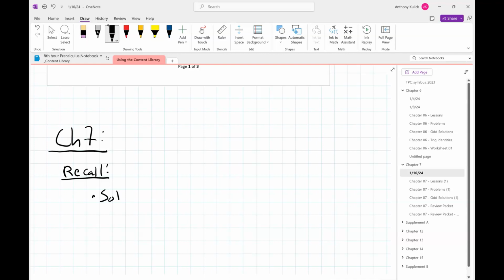We talked about solving triangles, right? That's a problem we've done before. When we talk about solving triangles, what does that mean? We have to find all the angle measures and all the side lengths, right?